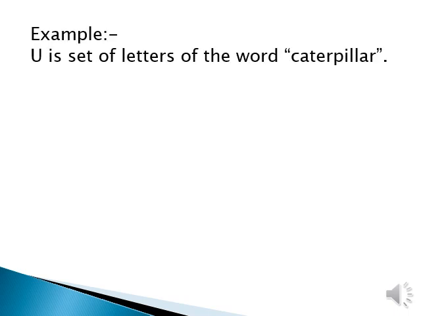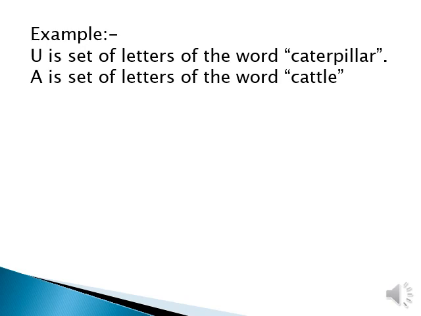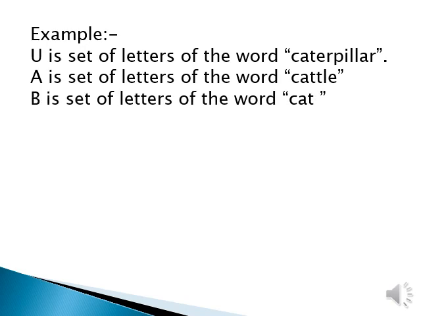Now we'll see one more example to understand the subset relation between the sets. U is the set of letters of the word caterpillar. A is the set of letters of the word cattle. B is the set of letters of the word cat.